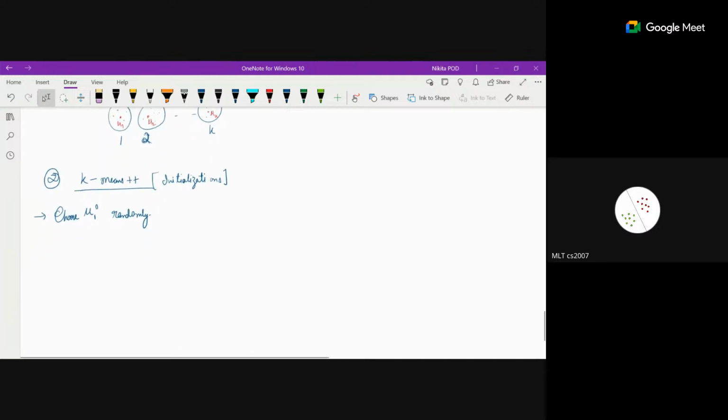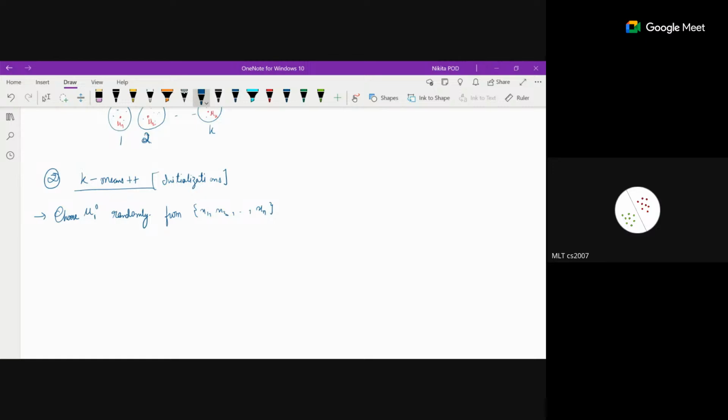So in k-means plus plus, we only choose one mean randomly. We choose the first mean randomly from your data points x1, x2, so on till xn. I choose my mu1 not.